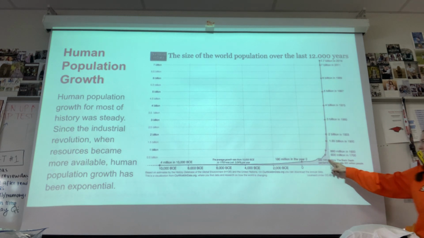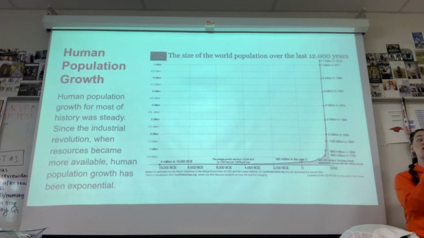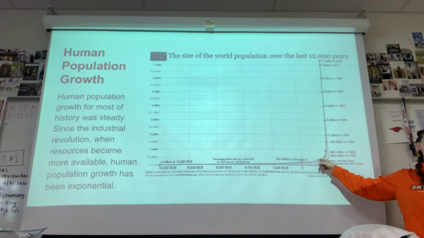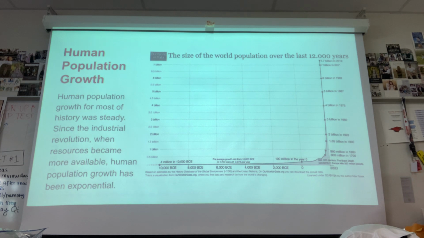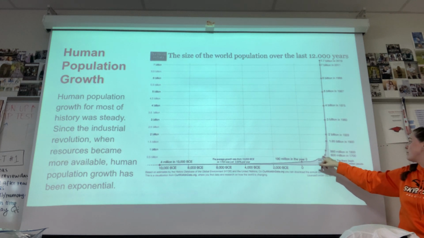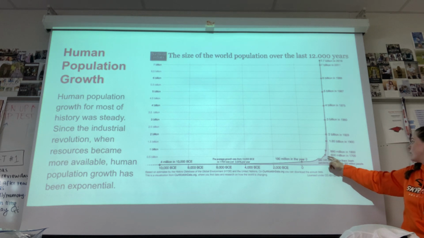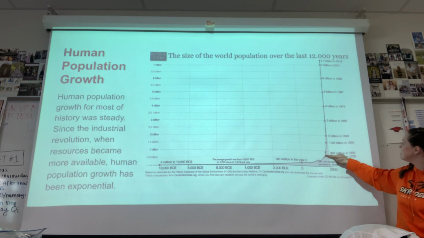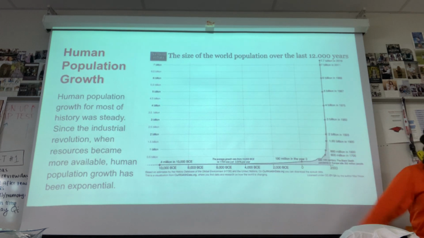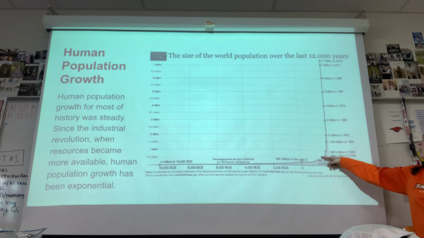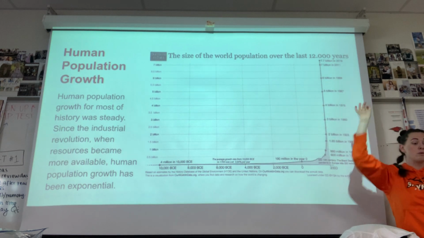COVID is over here. But we're close. The plague. This is the Black Plague. There are very few places in human population history where we've actually gone down. One is the Black Plague, and then there's a pandemic in Europe. Those two things are the only reason. But you can see right here, after industrialization and the Green Revolution and medicine, our population has gone through the roof.